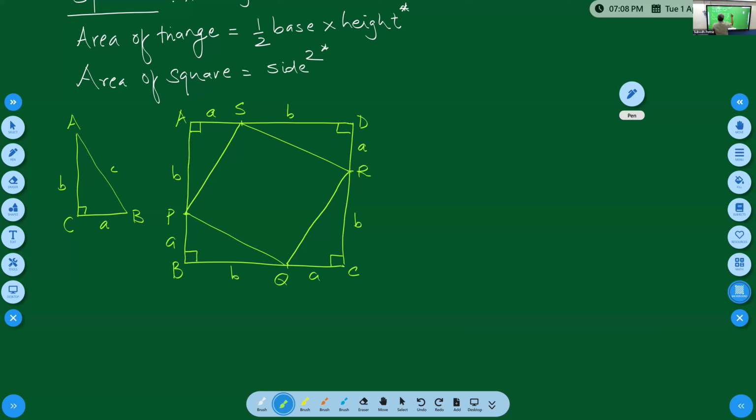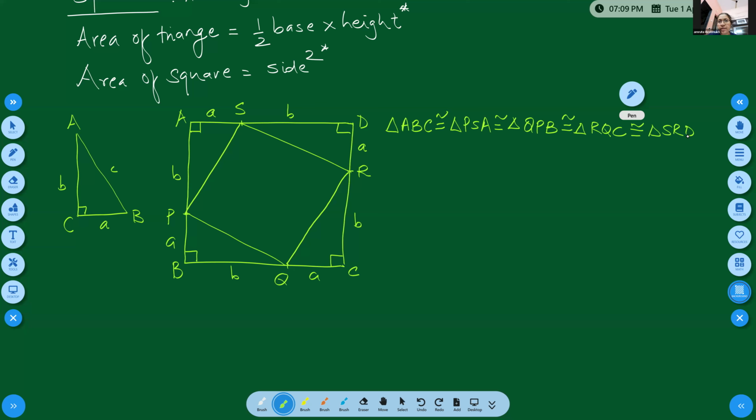Statement 1. Triangle ABC is congruent with PSA, is congruent with triangle QPB, is congruent with triangle RQC, is congruent with SRD.